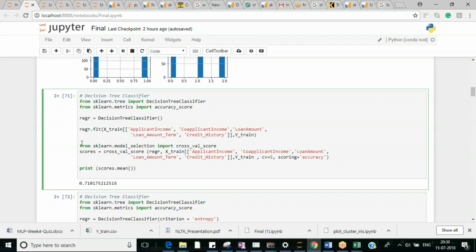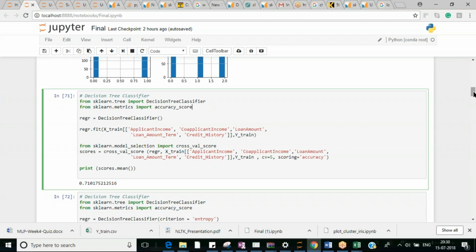Then you see what the cross validation score is. So cross_val_score, same model, X train. You use the continuous variables, and you add credit history. Credit history is also there.